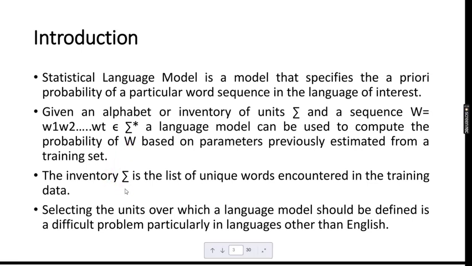Σ is the list of unique words available within that particular sequence. This selection of units or sequences of words is what we call language modeling. Based on the language model, we can select the sequence of words to predict our current word.